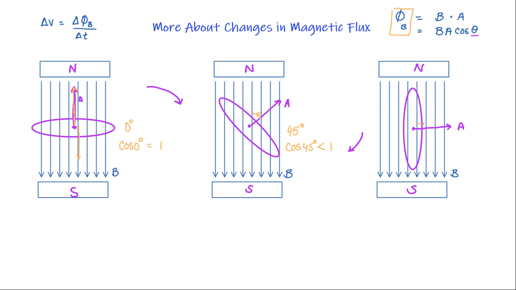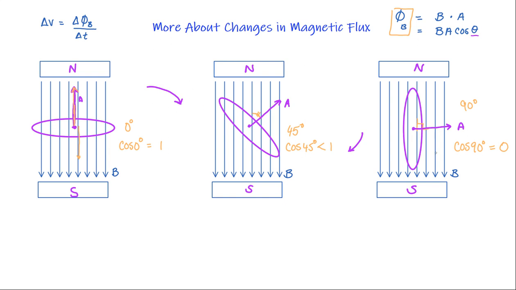Here we see a 90-degree angle between the field and the area vector. At this point where we have 90 degrees, we know that the cosine of 90 degrees is equal to 0. So what's happening here is the coil is spinning this time, rather than, as in the example in the last video, the magnet turning relative to the coil. As this coil spins, the flux decreases.